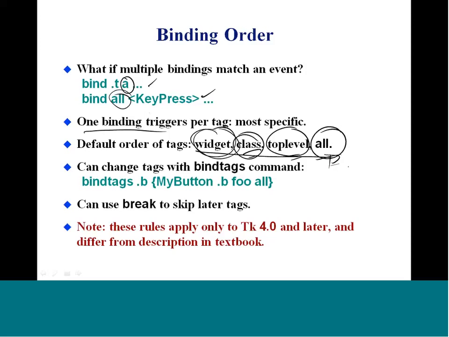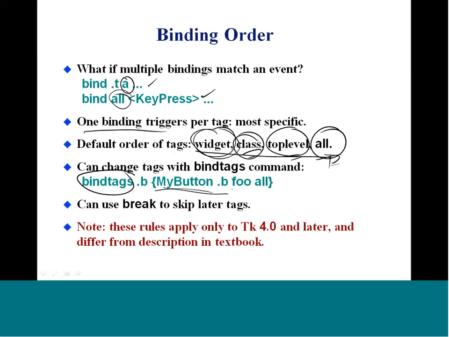And then this can also change tags with the bind tags command. So this is another command. We learned about bind, now it is bind tags. And the bind tags command actually changes one particular tag and applies to other tags as well.